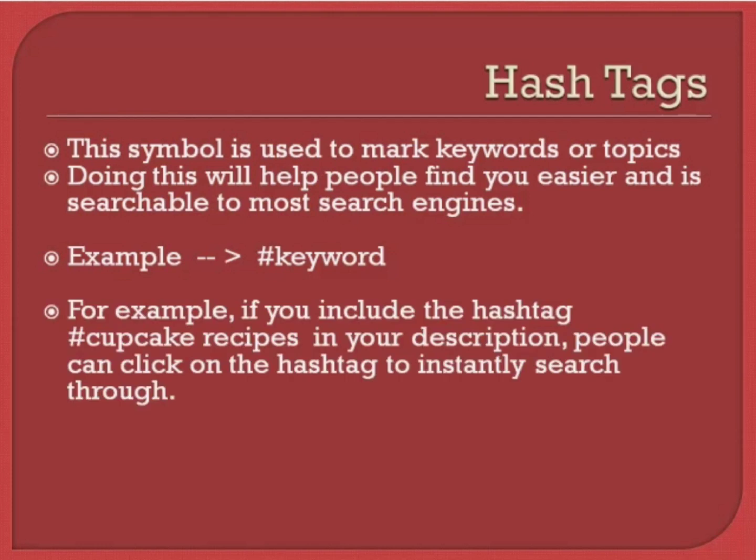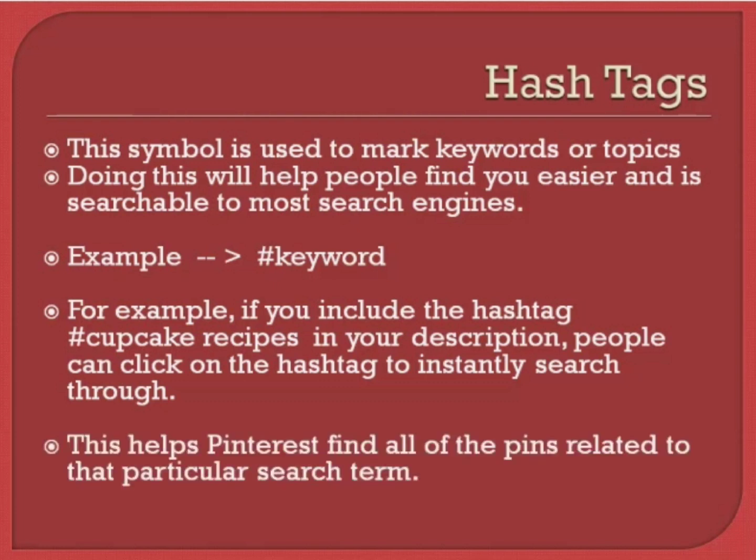For example, if you included the hashtag cupcake recipes in your description, people can click on the hashtag, and the hashtag cupcake is going to be highlighted as a link. Whenever somebody clicks on that, they are going to get pictures that relate to cupcakes. And this helps Pinterest find all of the pins related to that particular search term.